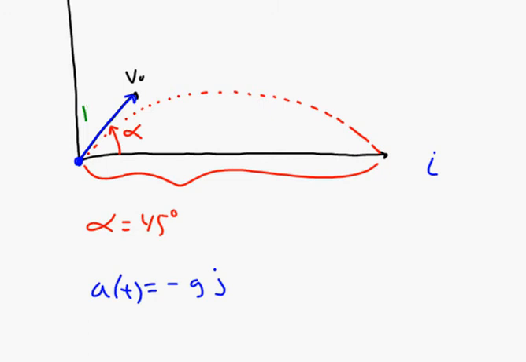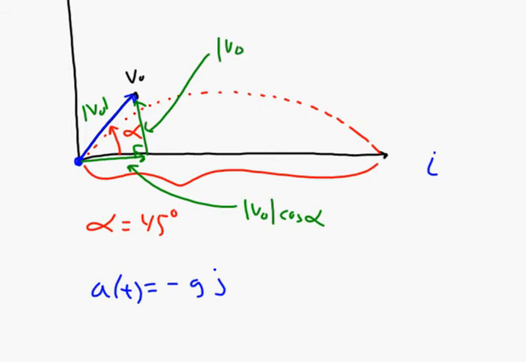Once you consider the norm of this vector, you can then consider its two components. So this component right here would be norm v0 cosine alpha, a little trigonometry in the triangle there, SOHCAHTOA, whatever you want to call it. And then over here, similarly, we'll get this.